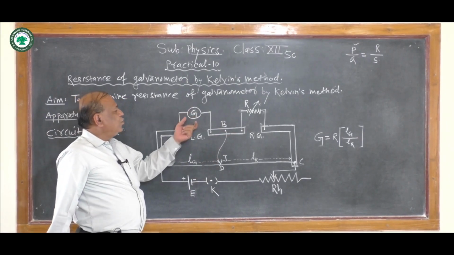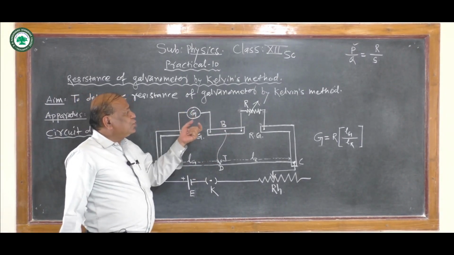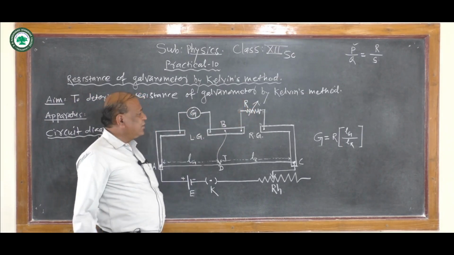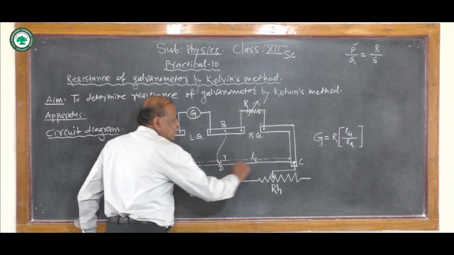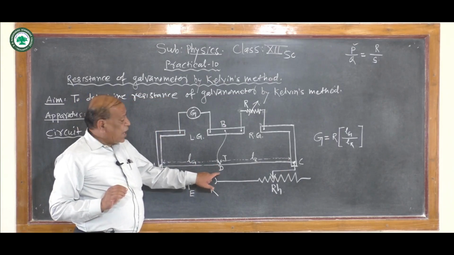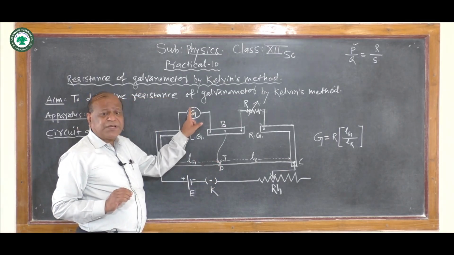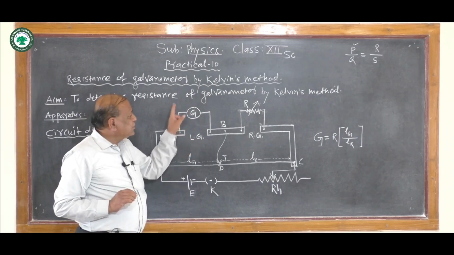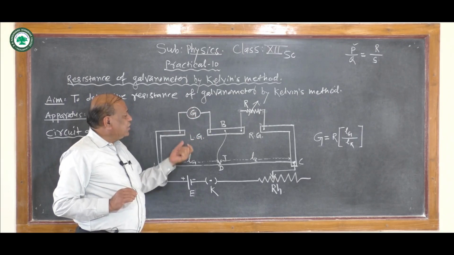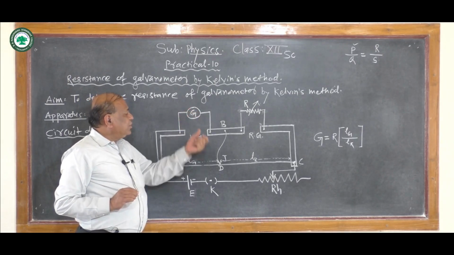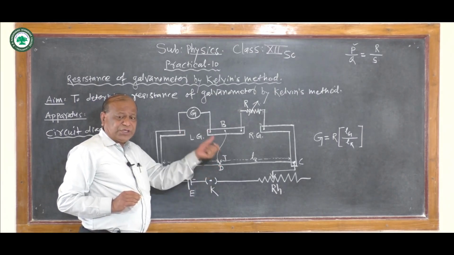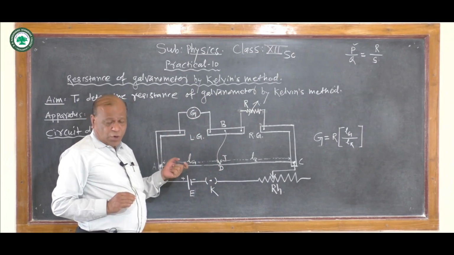Now remove a suitable resistance from this resistance box and, sliding the jockey on the wire AC, find the point D at which the galvanometer shows the deflection as previous. Means the deflection first observed in the galvanometer, and that deflection is as previous, and that point D is known as the null point.